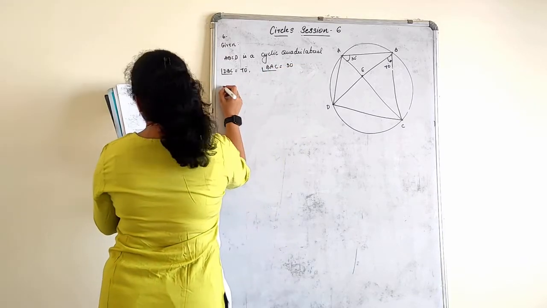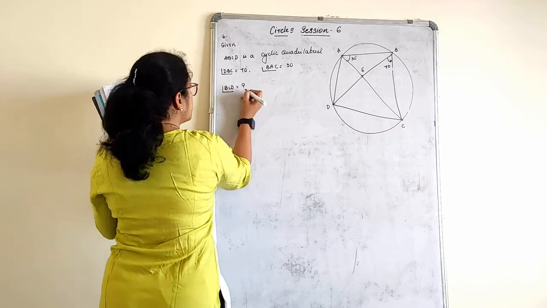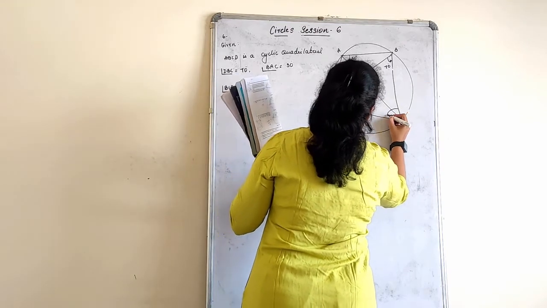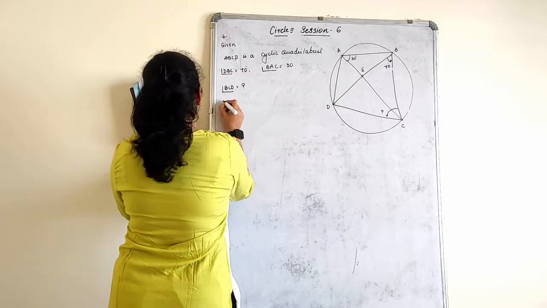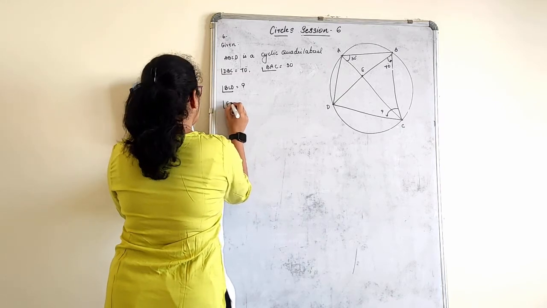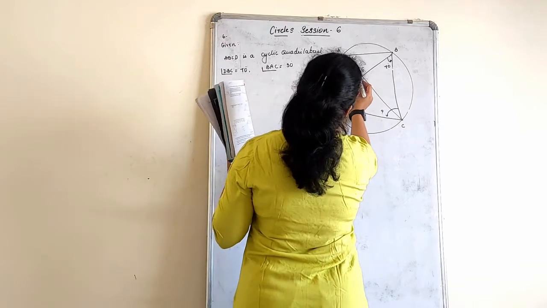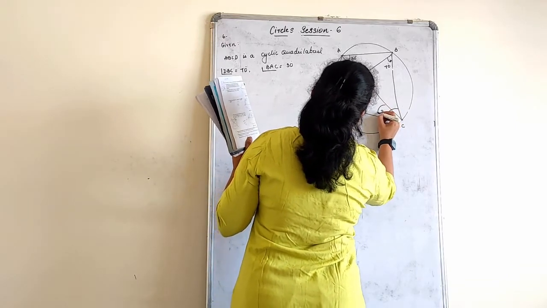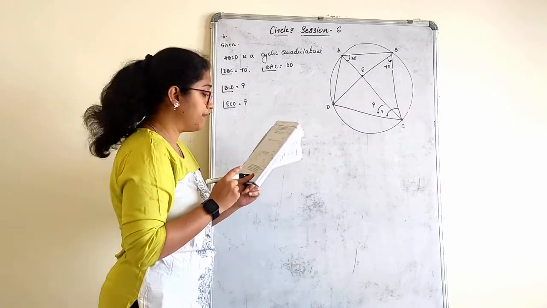Find angle BCD. Where is BCD? This whole angle I have to find. One more, what I have to find? Find angle ECD. Where is ECD? Only this part I have to find. Whole also, the part also. Look at the arrows how I am giving.